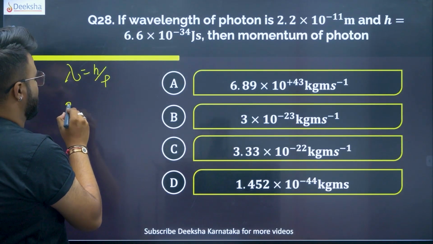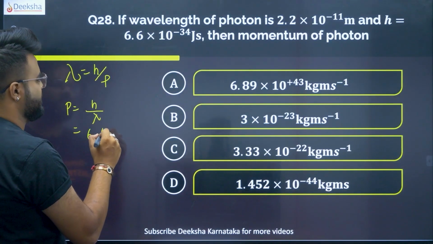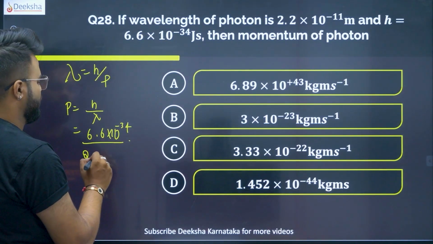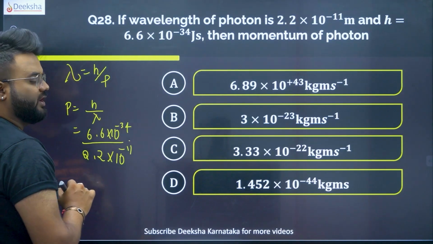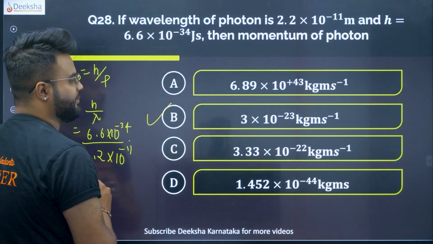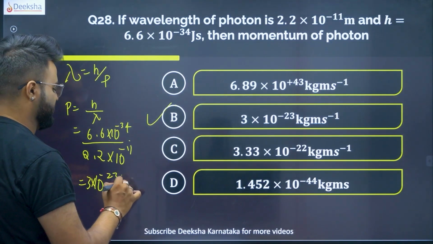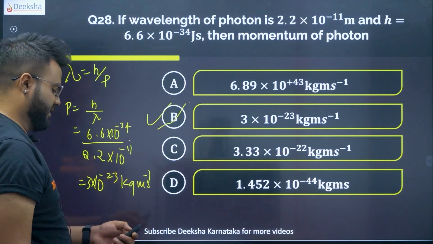Momentum is equal to h divided by lambda. h is 6.6 into 10 to the power of minus 34 divided by 2.2 into 10 to the power of minus 11. When you solve this, it becomes 3 into 10 to the power of minus 23 kilograms per meter second. Therefore, option B will be your correct answer.